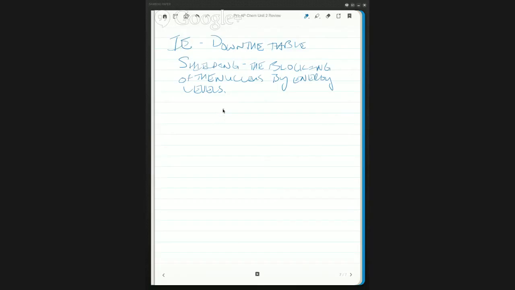You could look at it easily enough if you're looking at, let's say, the difference between sodium versus rubidium, and which one has a lower ionization energy.